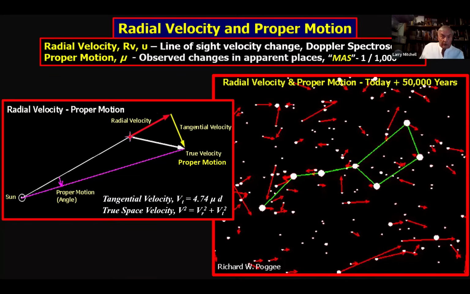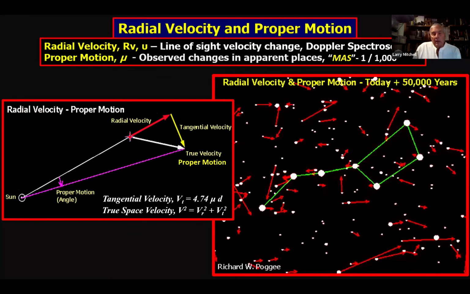If the object is coming towards us, it appears blue shifted. If it's going away from us, it appears red shifted. And from that, we can determine the distance of this star or this open cluster. And if we can determine the distance of the cluster, and we know its apparent motion across the sky, east to west, north to south, or whatever, then we have two sides of a right triangle.